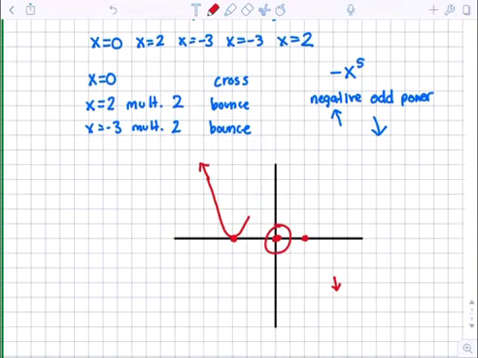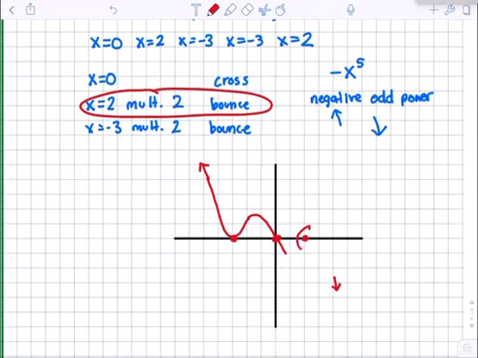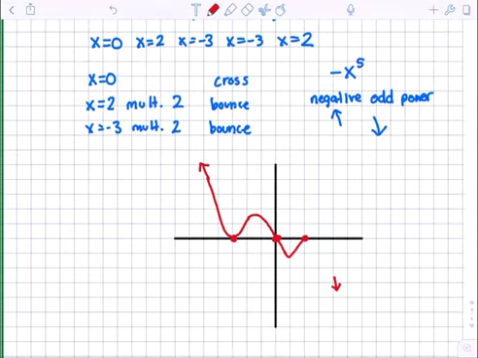At x is equal to 0, it's going to cross. And then at x is equal to 2, it is going to bounce. And then finally, my graph looks like that.